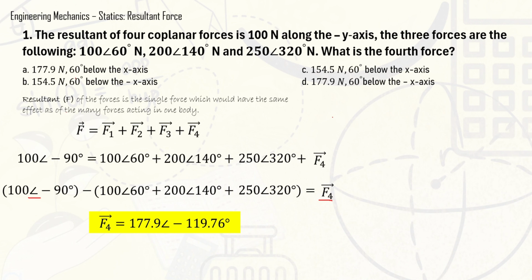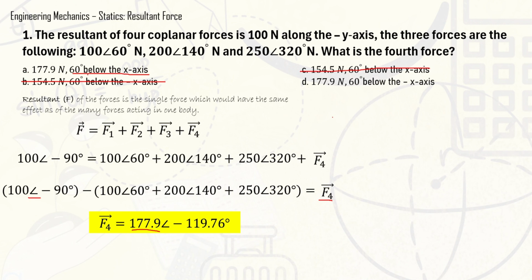Ang problema, it's not in angle yung binigay. Pero alam natin na yung magnitude is 177.9, so we can cancel out B and C. So, ang choices lang natin is A and D.